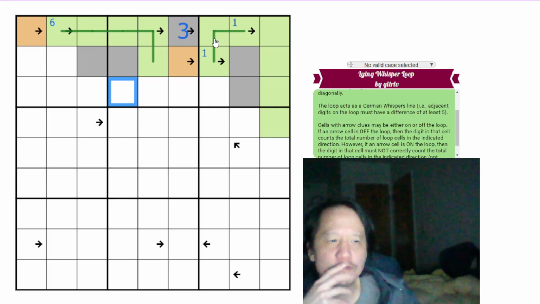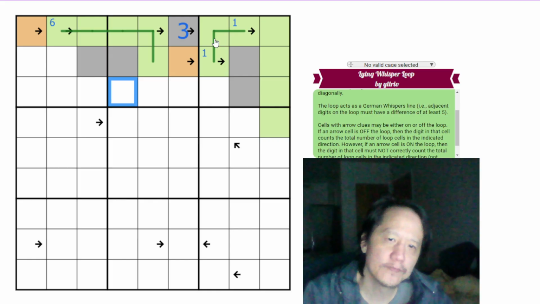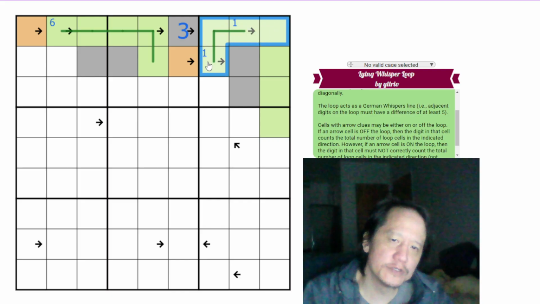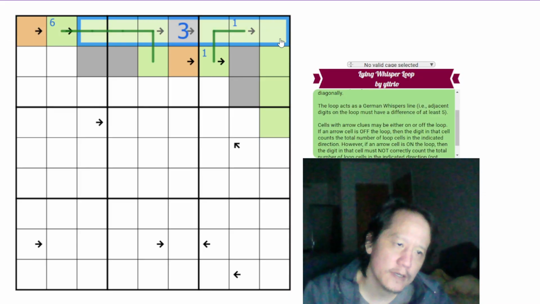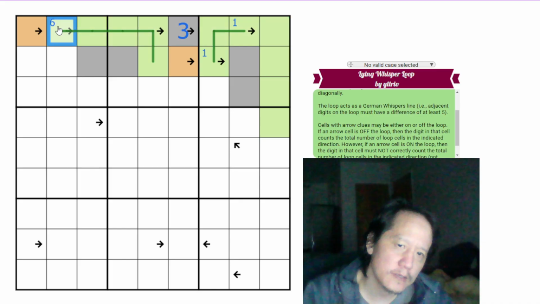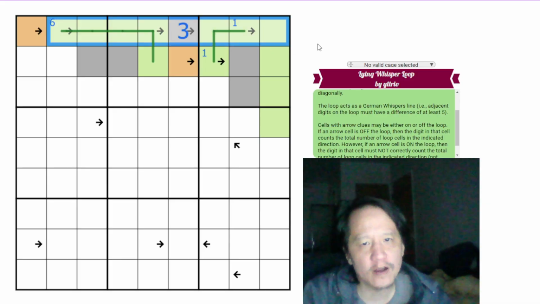I must have made a wrong assumption because the problem is, since we know this is a German whisper line, none of the digits on the loop can be a 5.